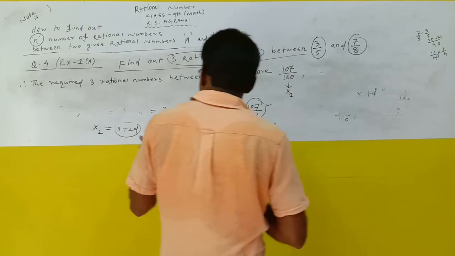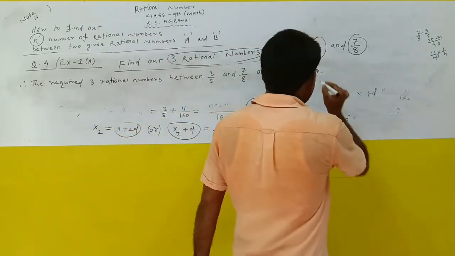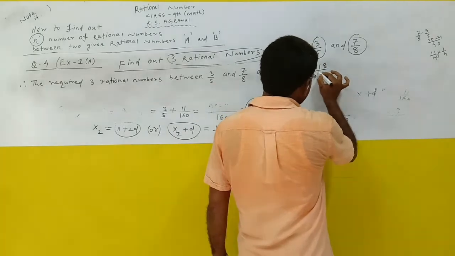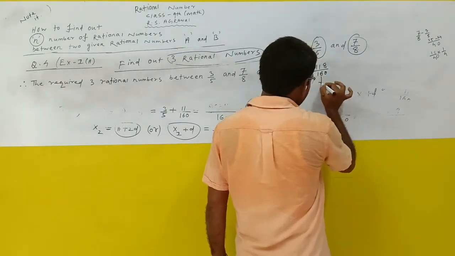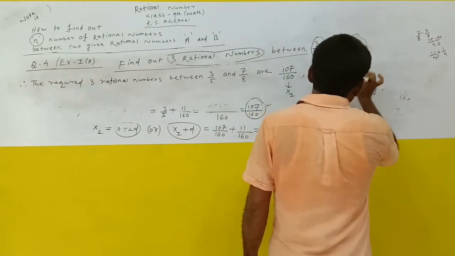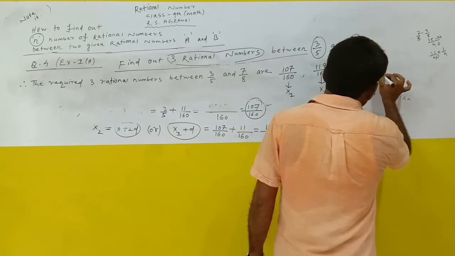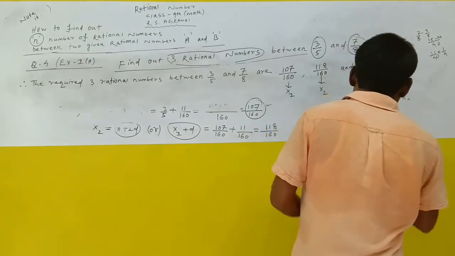The second required rational number is 118 by 160, which you considered as x2. And the third required rational number is 129 by 160, which you considered as x3.